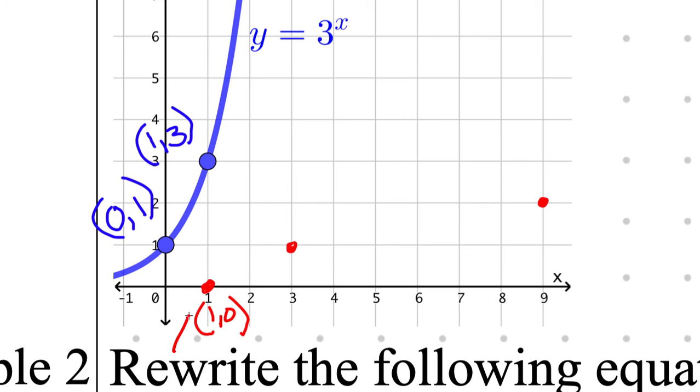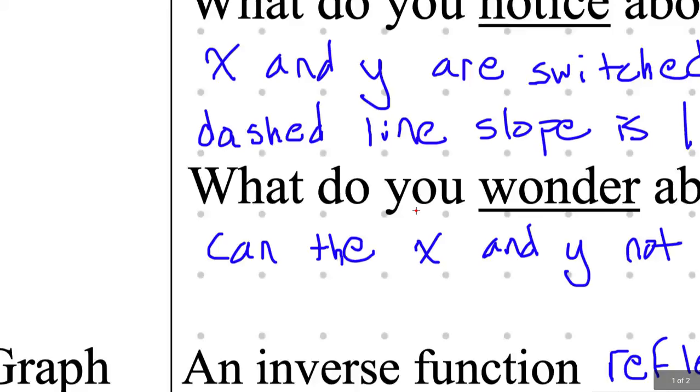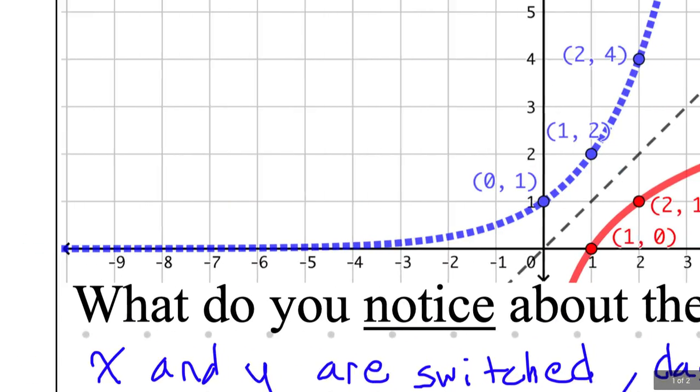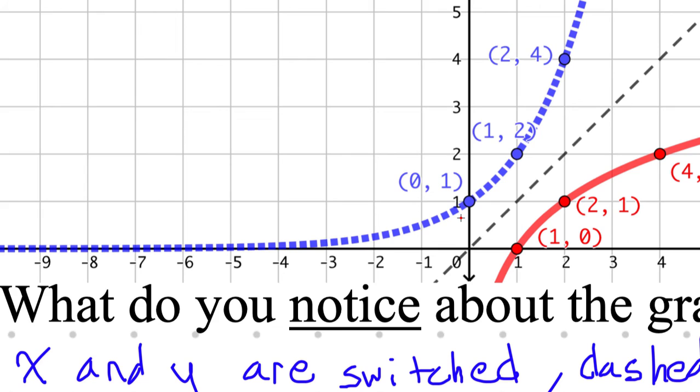There's something that I haven't really stated before that should be stated now. Come take a look at that original graph. Over to the far left, it got really, really close to the x-axis without ever touching it.